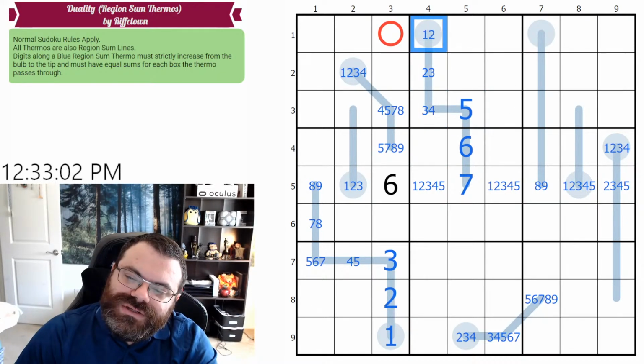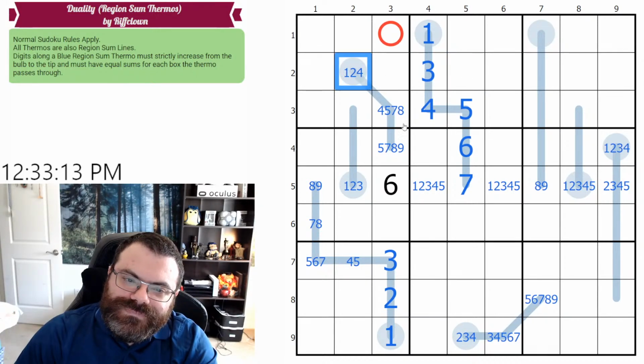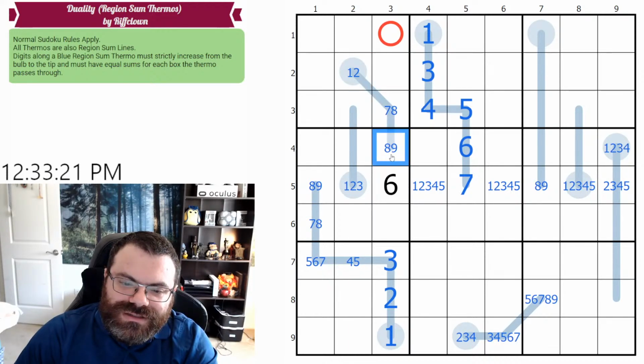So they have to have a 1. Can't do 1, 2, 5, so it has to be 1, 3, 4. That cleans that up.